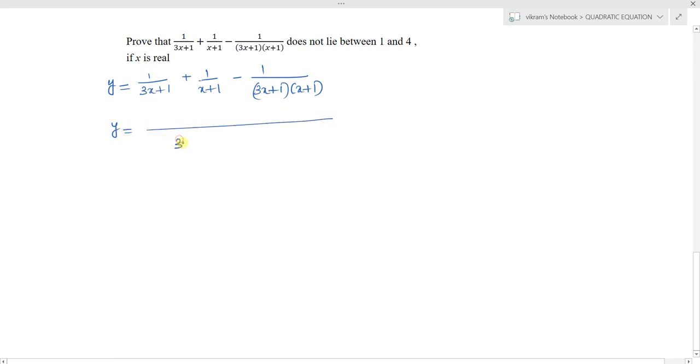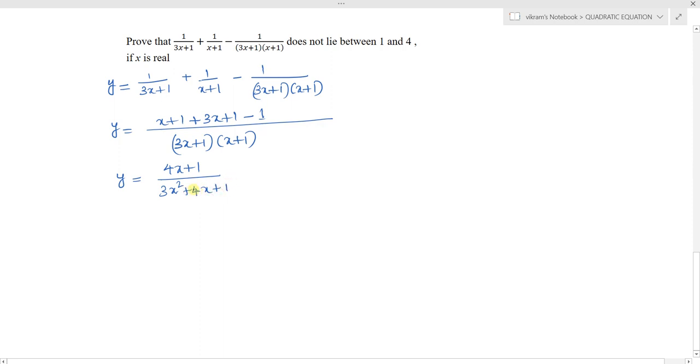What LCM do we obtain over here? (3x plus 1) into (x plus 1), and in the numerator we obtain x plus 1 plus, for x plus 1, we write 3x plus 1, minus 1. Then y equals (4x plus 1) by (3x plus 1)(x plus 1), which can be written as 4x plus 1 over 3x square plus 3x plus x plus 1, that is 3x square plus 4x plus 1.